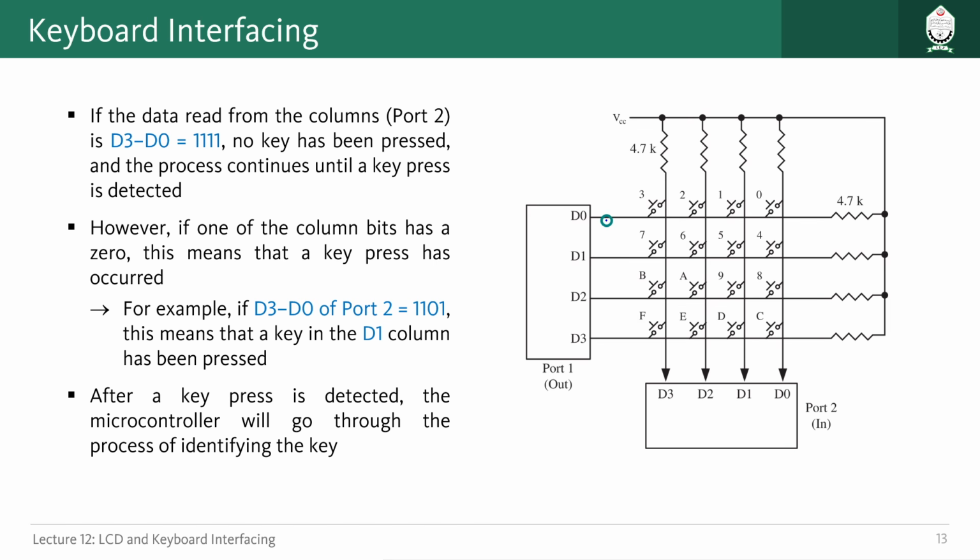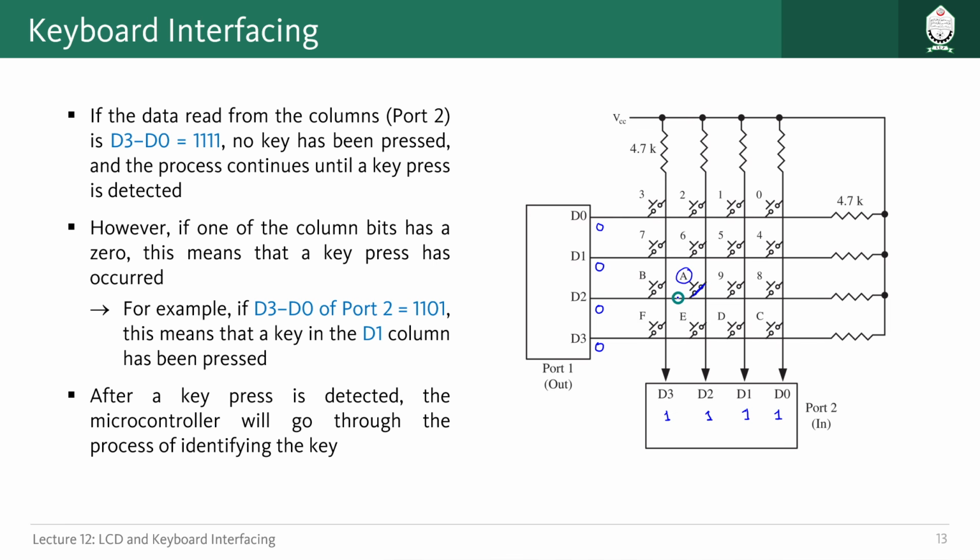So you see, if we give 0 here, 0 here, 0 here, this is the output port, so all of the rows are getting 0. And currently, if no button has been pressed, all of the values we get are 1 because they are directly connected with VCC through the resistor, right? And if a particular button has been pressed, for example, let's say this A has been pressed, that means these two ends will make contact.